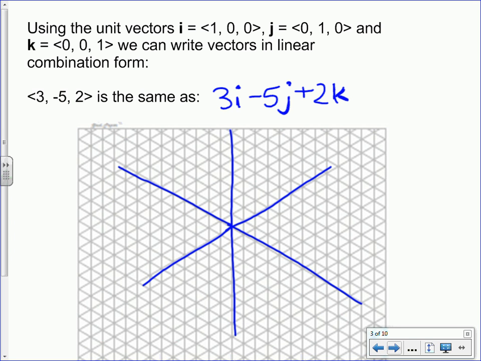And just for practice, 3, negative 5 would be here, and then up 2. So our vector lies in octant 4.